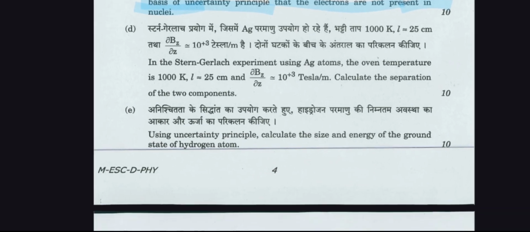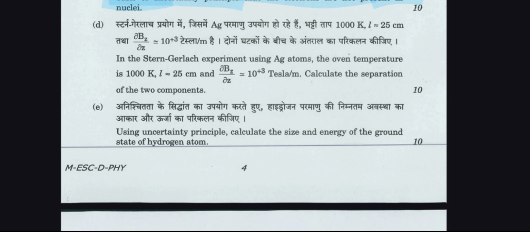Question D is here. In the Stern-Gerlach experiment using Ag atoms, Ag is argentum, and Au is gold; argentum is silver.